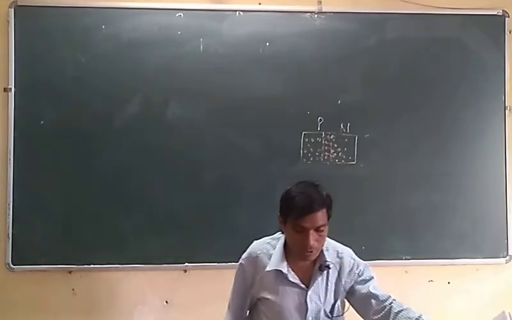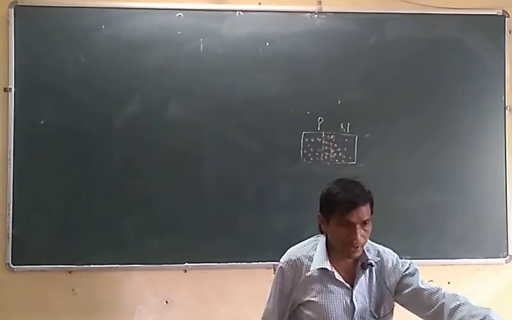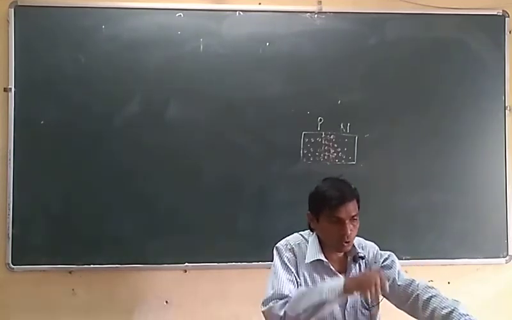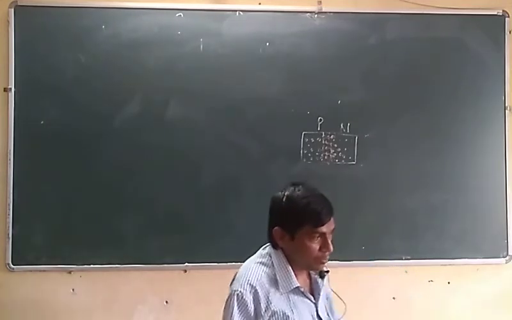Now we discuss biasing. Biasing means applying a source across the p-n junction diode.